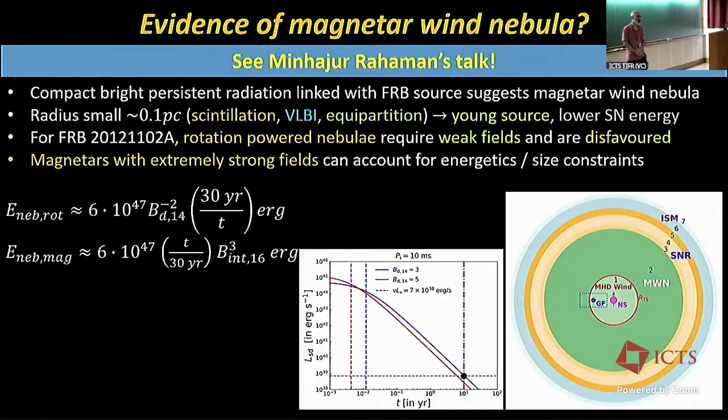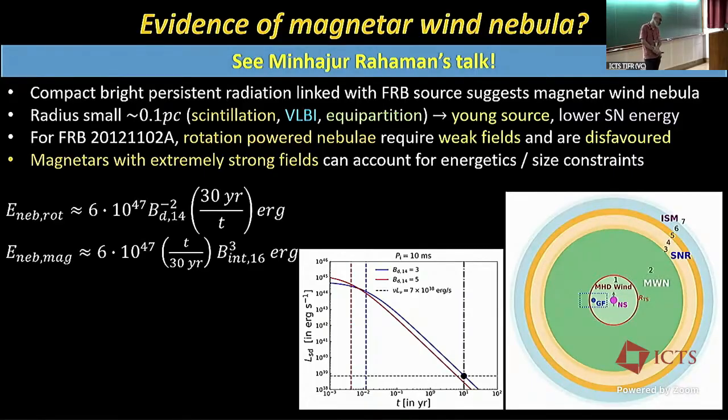If we interpret this as a magnetar wind nebula, then it puts strong constraints on the preceding supernova that led to the formation of this magnetar. Actually, perhaps counterintuitively, the supernova cannot be too bright because that will push the ejecta too far outwards.